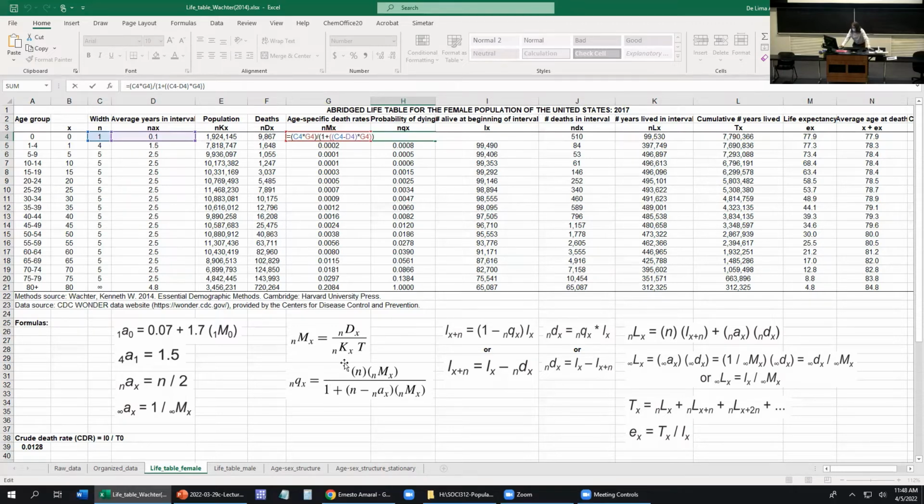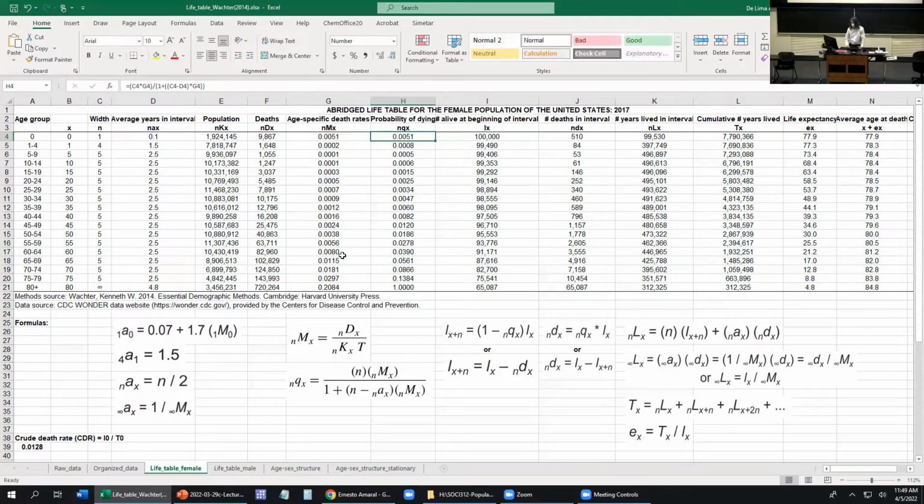Let's see the numerator: n, C4, is n, times the mortality rate, G4, divided by 1 plus n, C4, minus the average years in the interval, D4, times the mortality rate, G4.